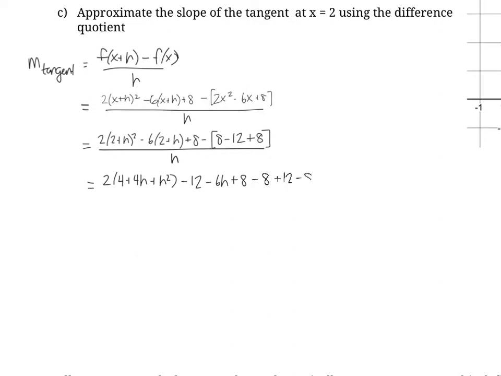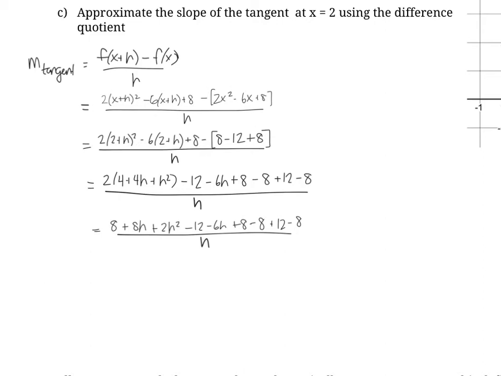So these signs change here when we distribute that negative, all over h. You could simplify if you want, but I just want to show you what's going to happen, sort of cool. 8 plus 8h plus 2h squared minus 12 minus 6h plus 8 minus 8 plus 12 minus 8 all over h. Okay, that's a big ugly thing.